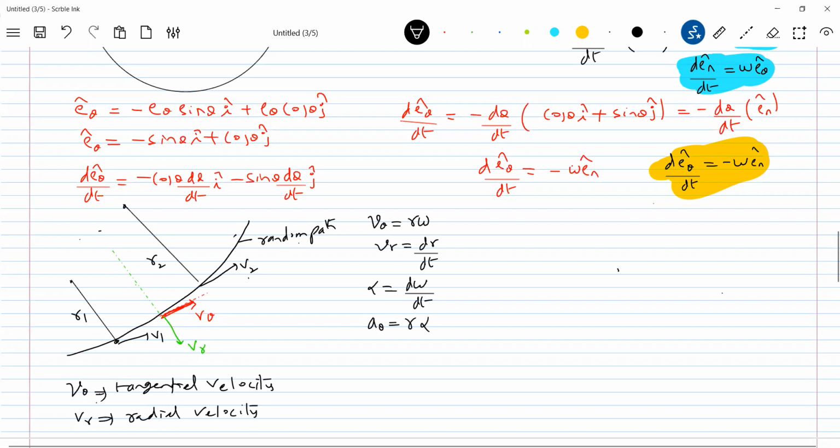And an acceleration directed along the radial direction, we'll call that radial or normal, any of the things you can take help of. Okay, clear this one. So these are some quantities I'm introducing now. This is the tangential acceleration. This is the angular acceleration.